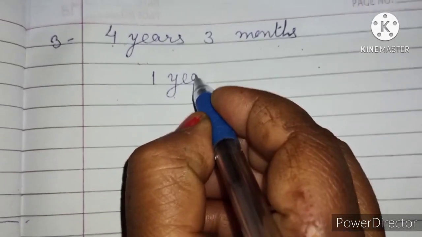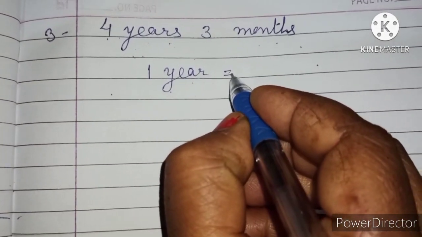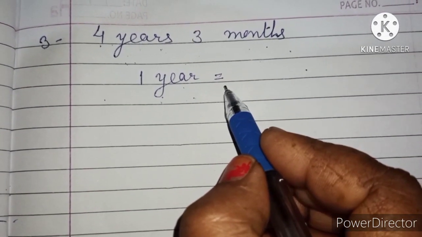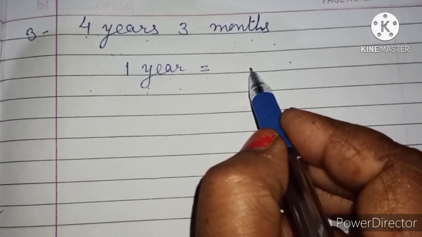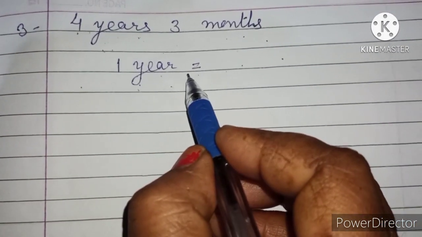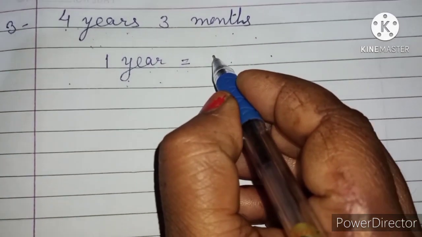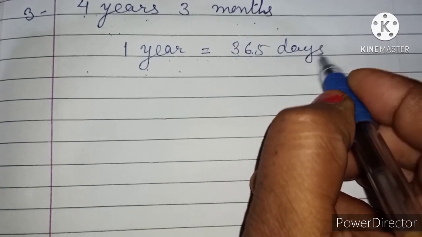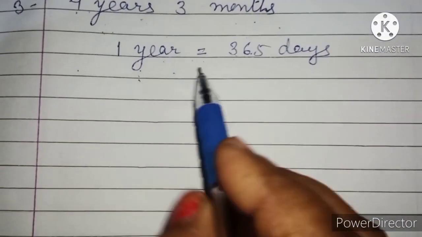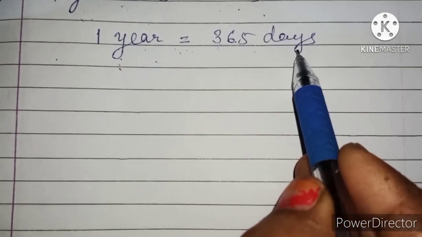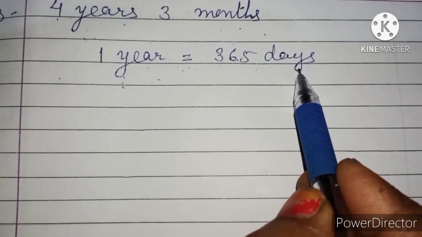1 year is equal to, children tell me, 1 year is equal to how many days? 365 days. Okay?